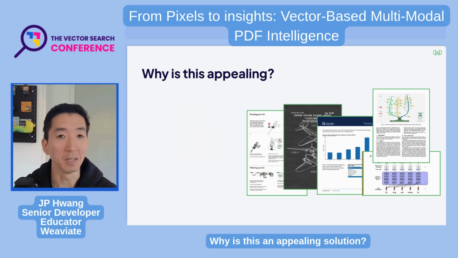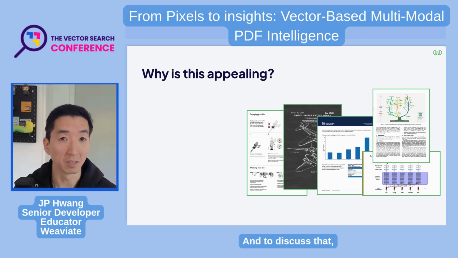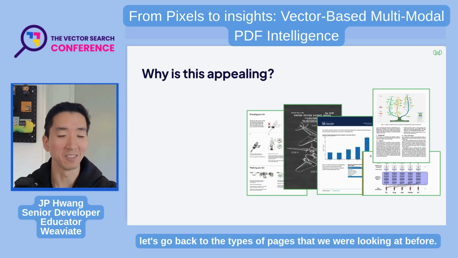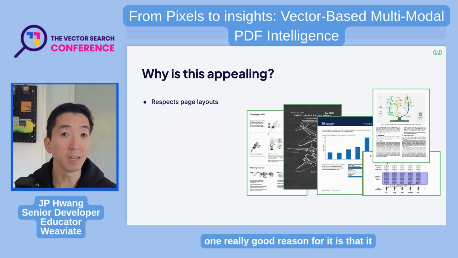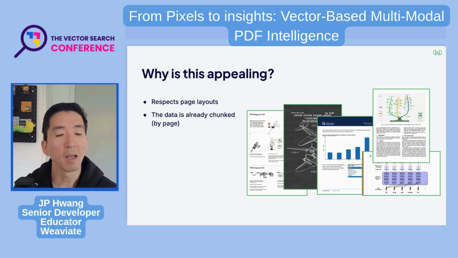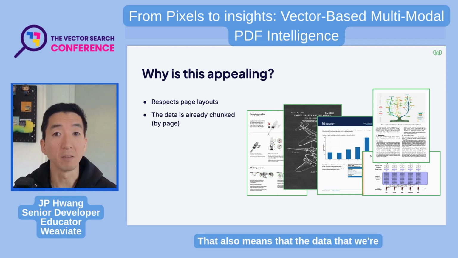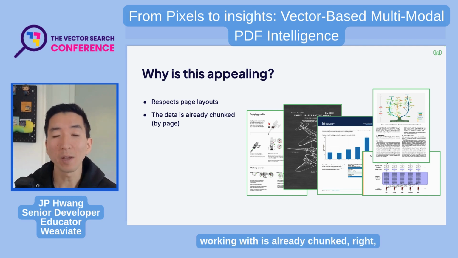Why is this an appealing solution? And to discuss that, let's go back to the types of pages that we were looking at before. Well, one really good reason for it is that it respects the entire page layouts. And that also means that the data that we're working with is already chunked, right?